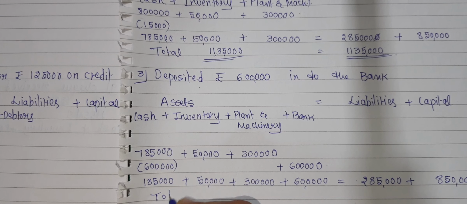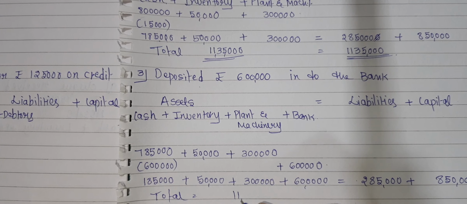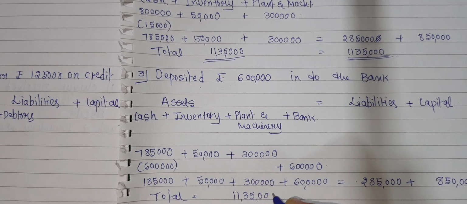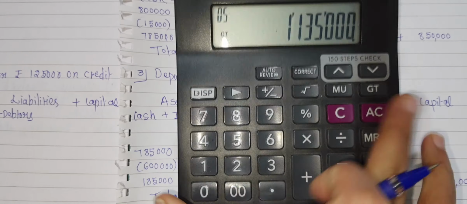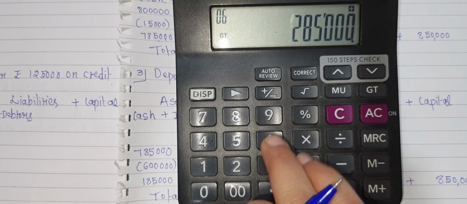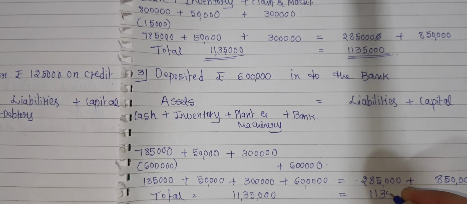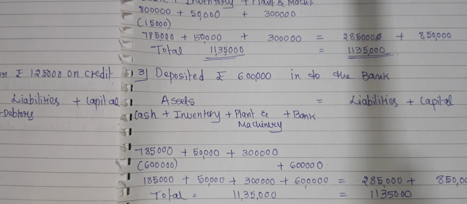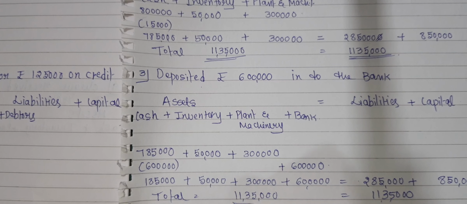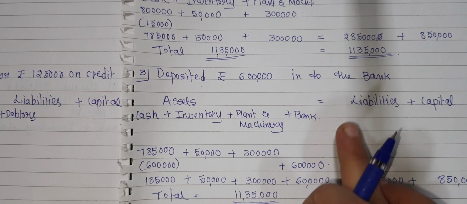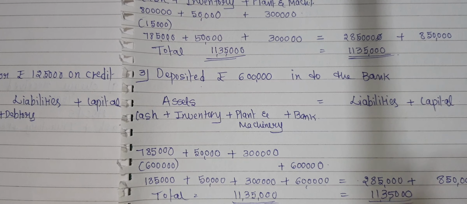So total equals rupees 11,35,000. And here also, 2,85,000 plus 8,50,000, that is rupees 11,35,000. Here also assets equals liabilities plus capital.